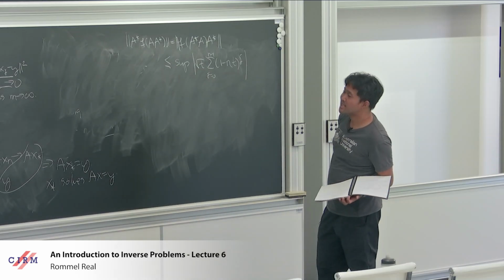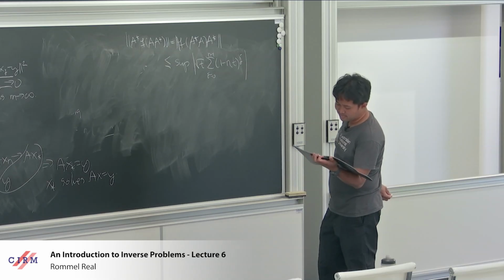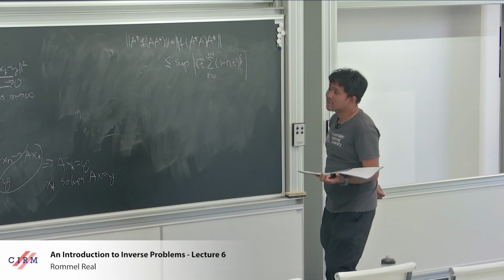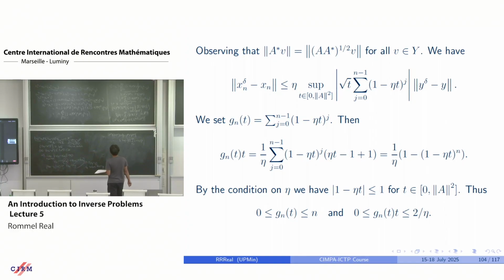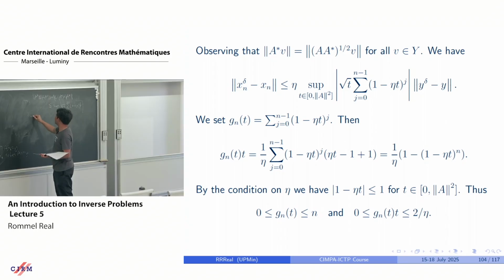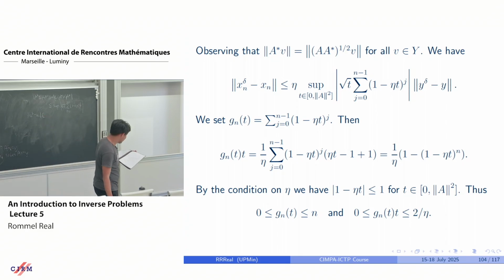So that means also that because we need to take the norm of the error, the norm of x sub n delta is also bounded above by this one.